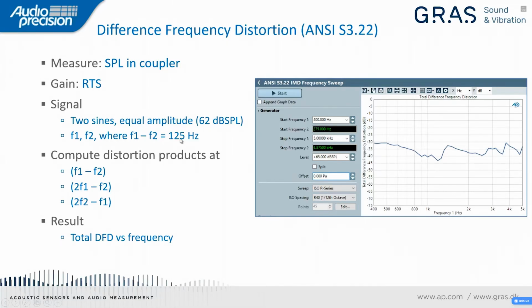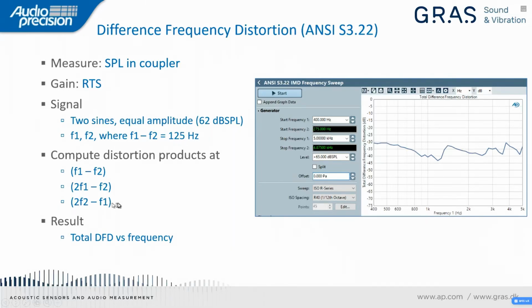Another difference between the two: the ANSI standard has 3 of these distortion products. These occur at many frequencies, but the ANSI standard calls out measurements at F1 minus F2, 2F1 minus F2, and 2F2 minus F1. The sum of those distortion products is expressed as a ratio of the overall signal, and the result is to plot the total difference frequency distortion versus frequency.